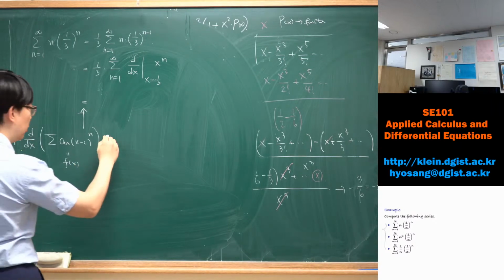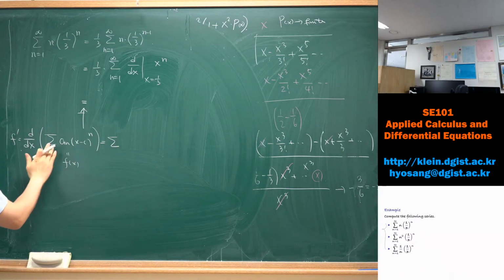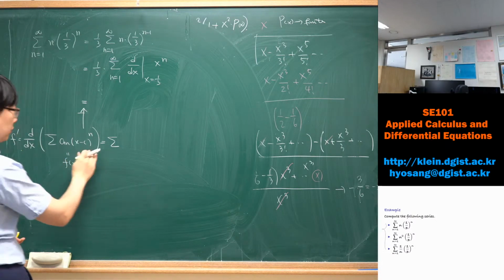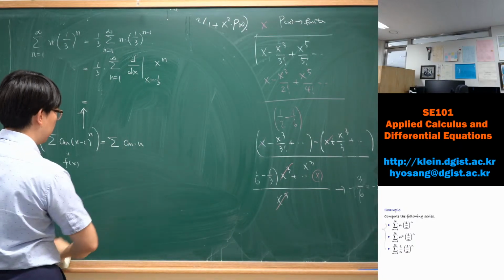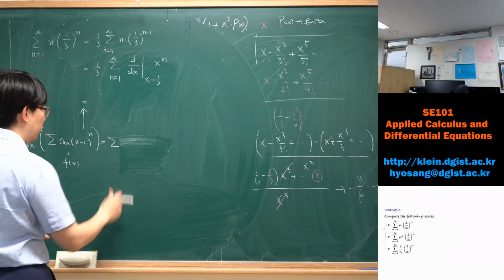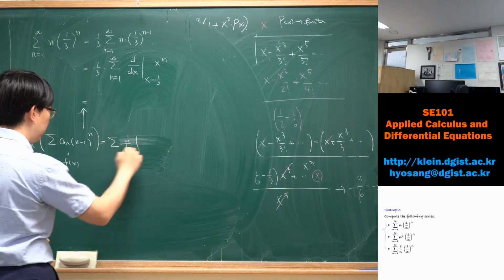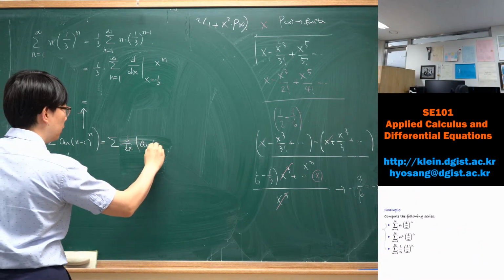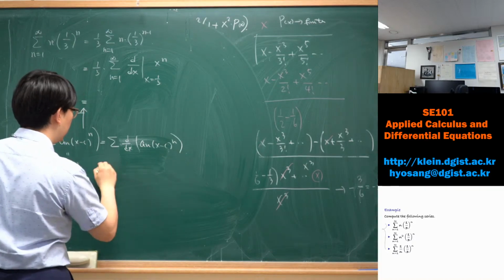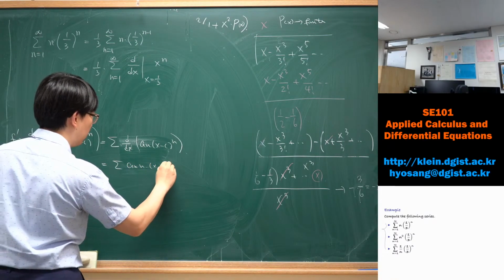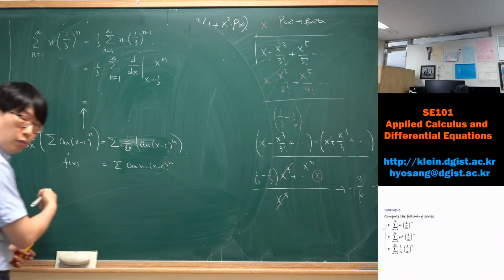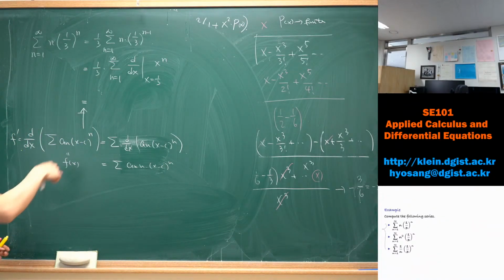This is equal to the sum of the derivative of the inside function, so taking a derivative of each term a_n (x minus c)^n, therefore it's a_n times n times (x minus c)^(n minus 1). This is what the theorem in the previous slide says.